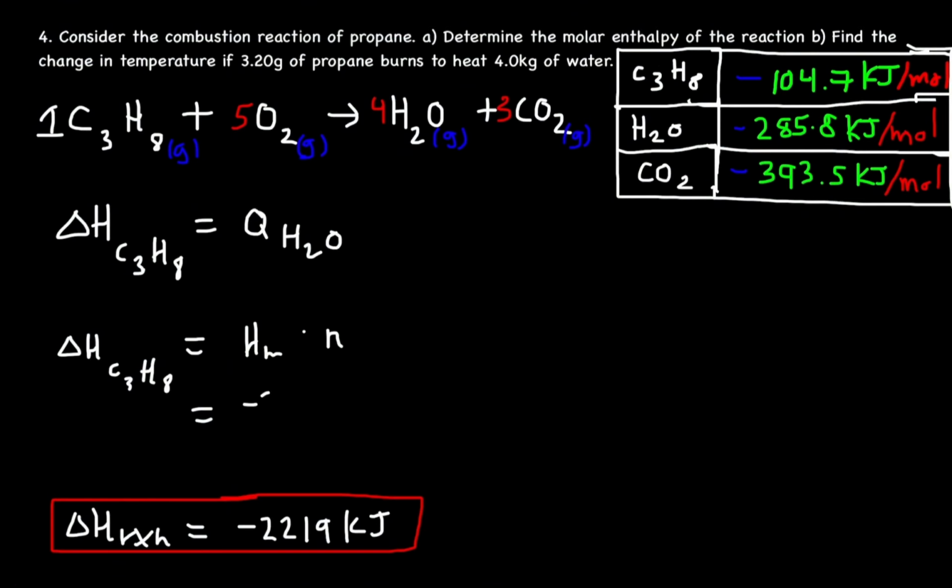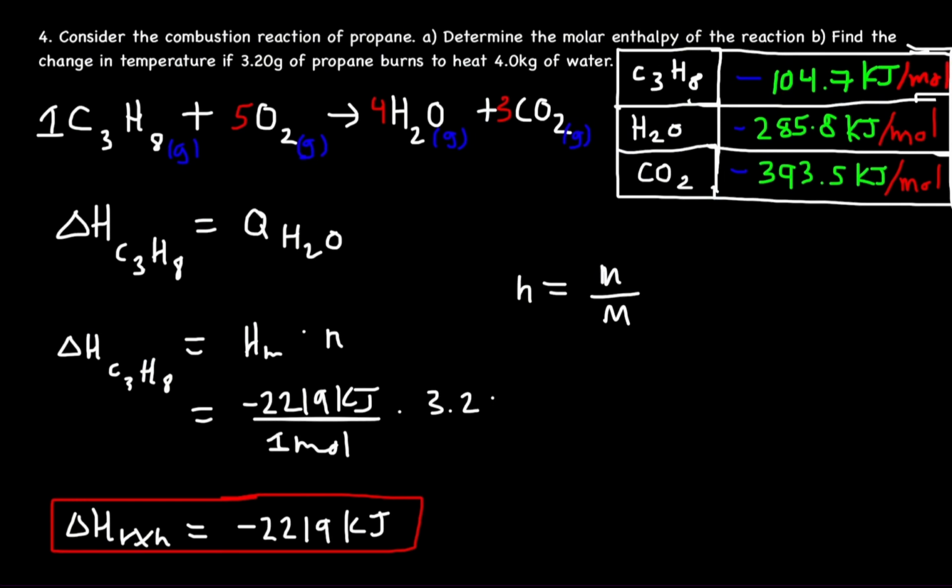We know that the molar enthalpy is negative 2219 kilojoule, and in the reaction there's only one propane, so 1 mole times, and we know that mole is equal to mass over molar mass. So the mass of the propane is 3.2 grams.